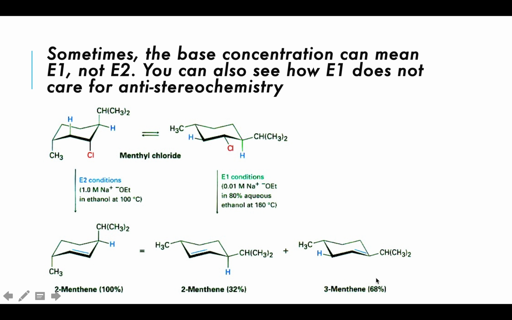The bigger percentage product is the one that actually follows Zaitsev's rule. So for the E1 conditions, I have a secondary alkene, but only a small amount, and my tertiary alkene as my bigger or major Zaitsev product. More substituents on the alkene, major. That's Zaitsev's rule.